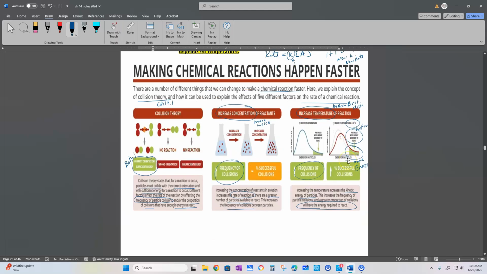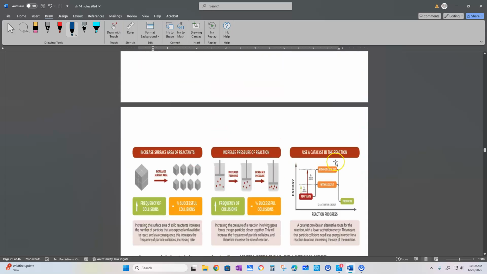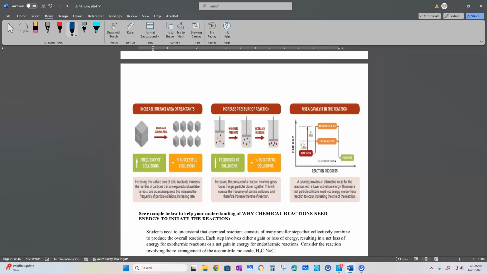So, ladies and gentlemen, it's all about collisions, energy, temperature, orientation. You've got to have it all. Some other ones we talked about in the very first video: surface area, like powder versus pellets. That powder has greater surface area because you broke it down.